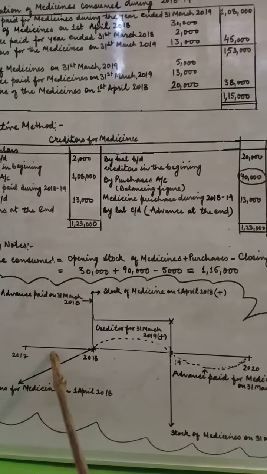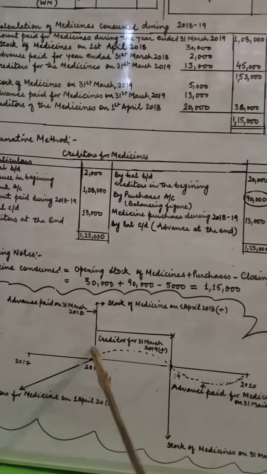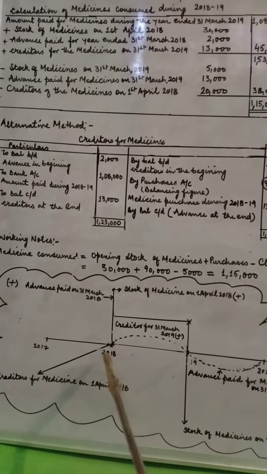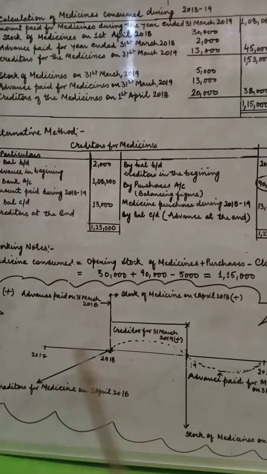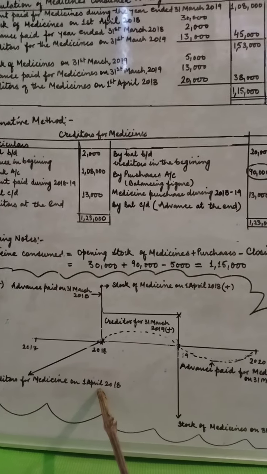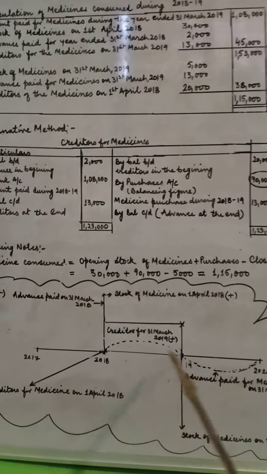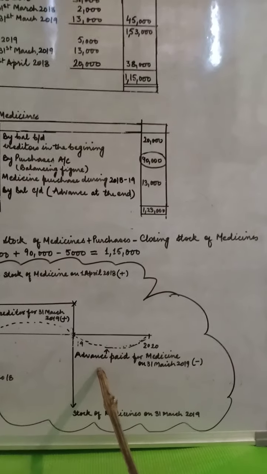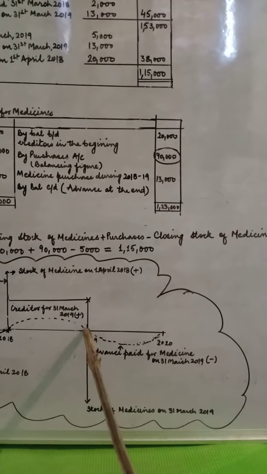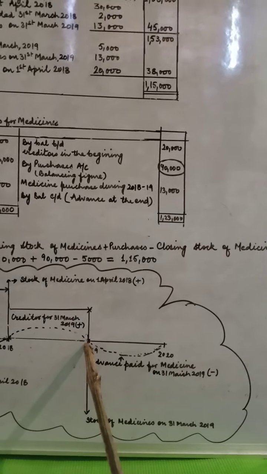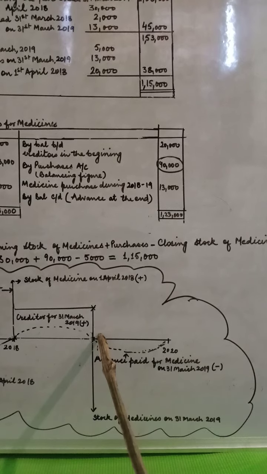So these are the creditors for your previous year. Previous year's creditors we are going to deduct because it is not a use of the current year. So we are going to deduct the amount of the creditor of the medicine on 1st April 2018, which is lying here. The second one is the advance paid for medicine on 31st March 19. It means if the advance is paid after completion of the current year, it is not related to your current year.